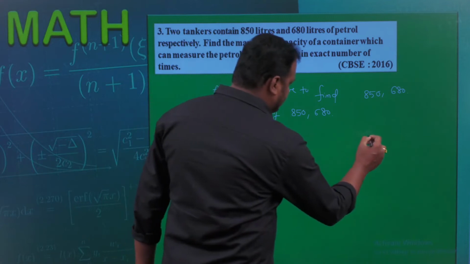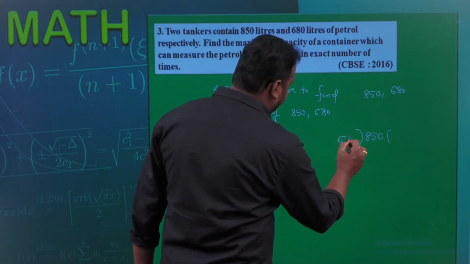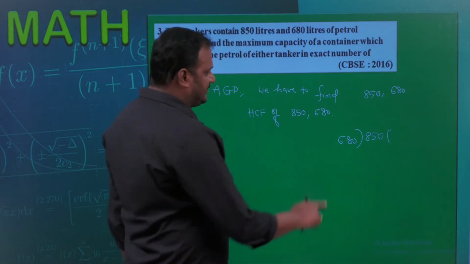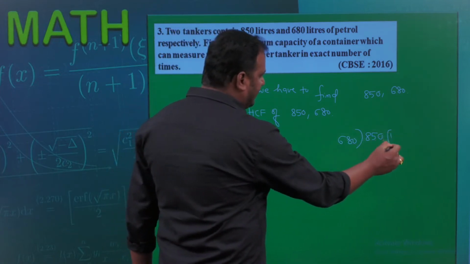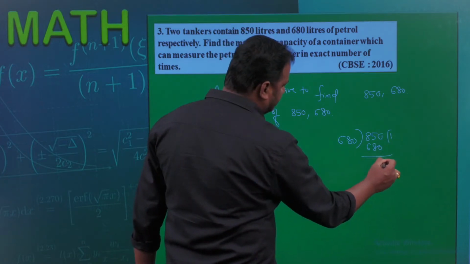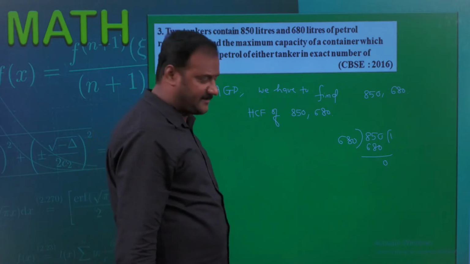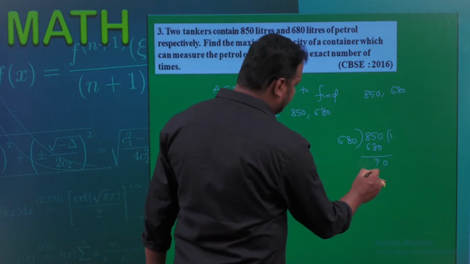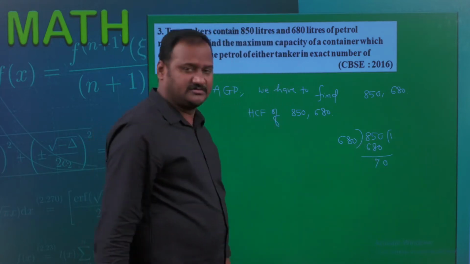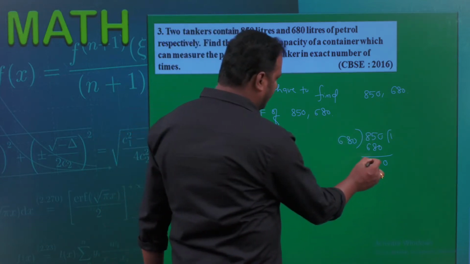Okay, so taking 850, dividing 850 by 680. It will go only one time, so 680. Then 0 minus 0 is 0. What is 15 minus 8? Sorry, 7. So this is 7. 7 minus 6 is equal to 1.